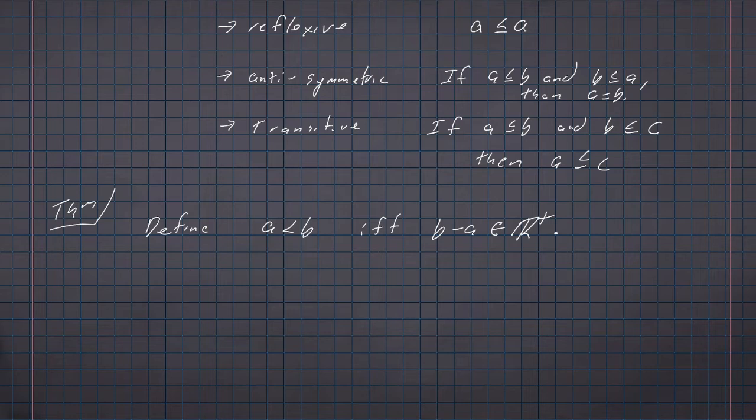So, here we go. We are going to define the meaning of A is less than B as: A is less than B if and only if B minus A is a positive real number.